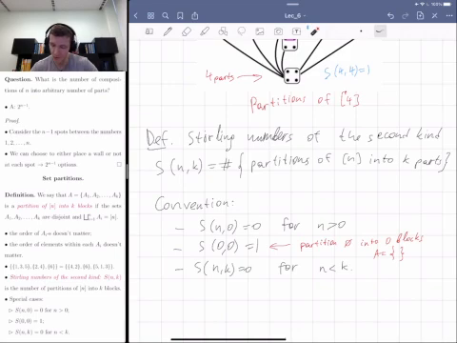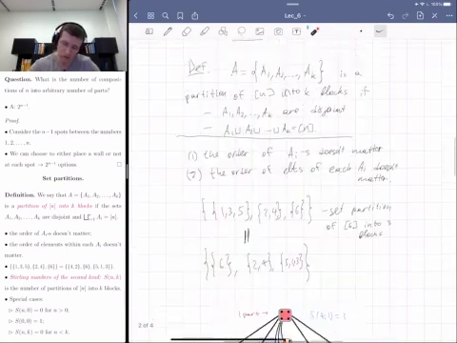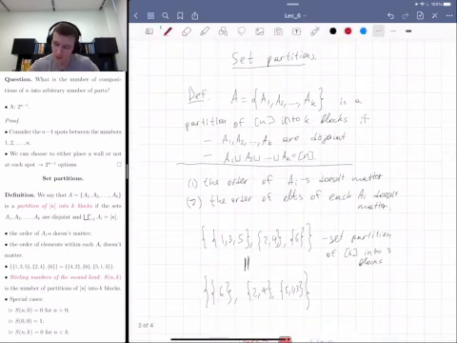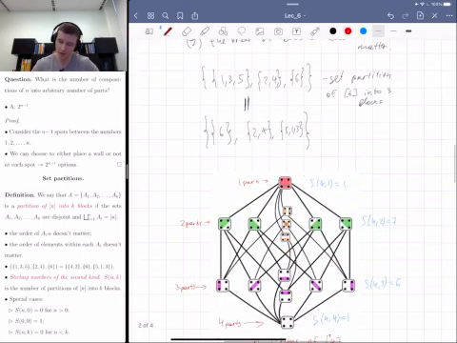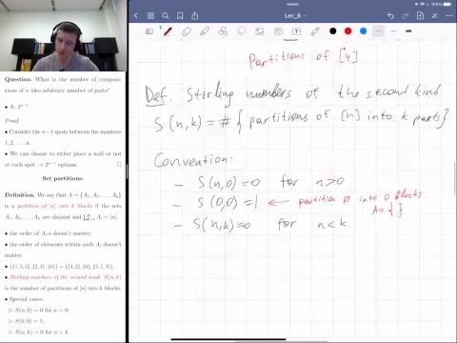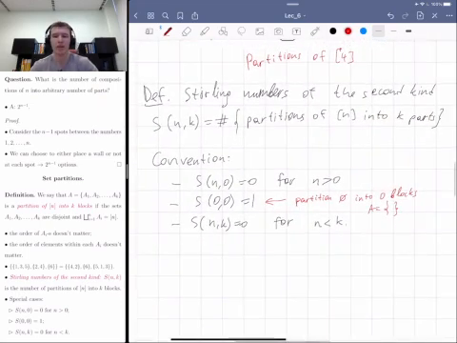I should also mention that each A_i has to be non-empty. Let me add this to the definition: the blocks are disjoint and non-empty. That's the analog of not weak compositions, but the usual compositions.